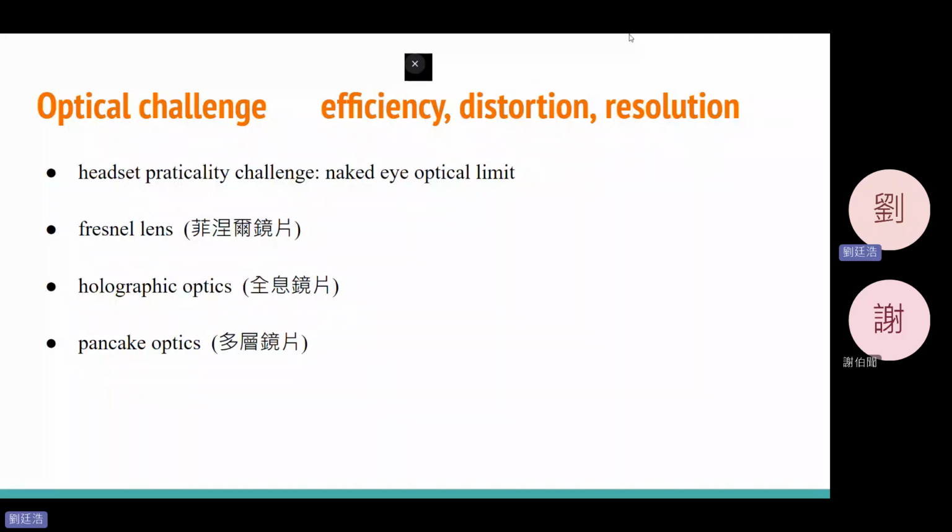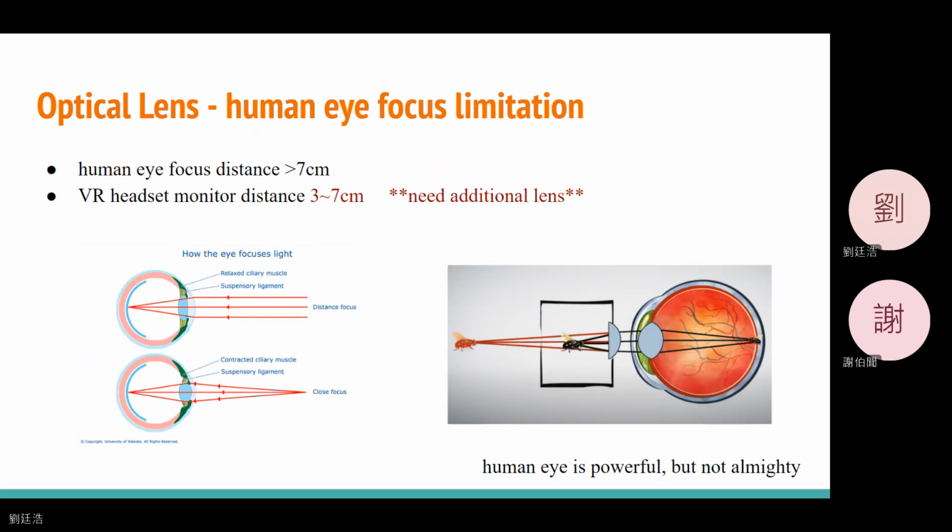Okay, I believe you can see it now. For the next part, I'm going to talk about the VR optical challenge caused by the distance between our eye and the VR headset. Because our eye is too close to the VR headset, and by nature our human eye cannot focus on any item that is closer than 7 centimeters, while the VR headset monitor has an average distance of 3 to 7 centimeters.